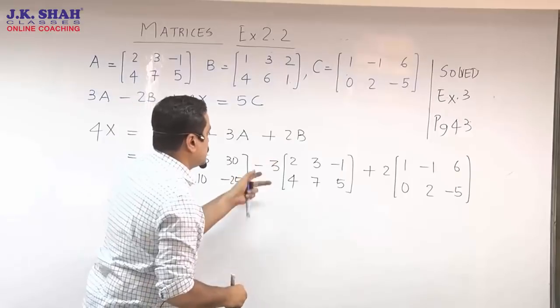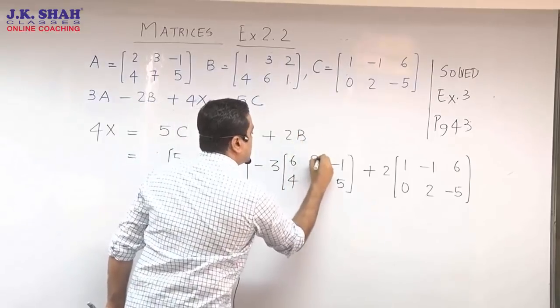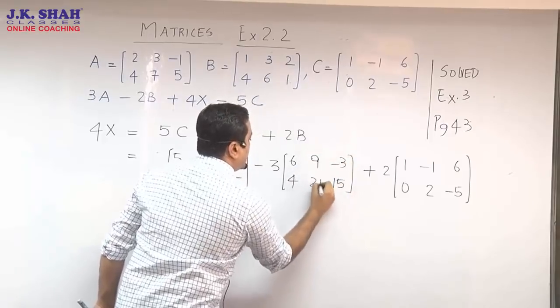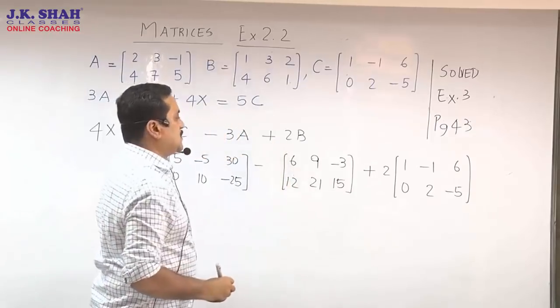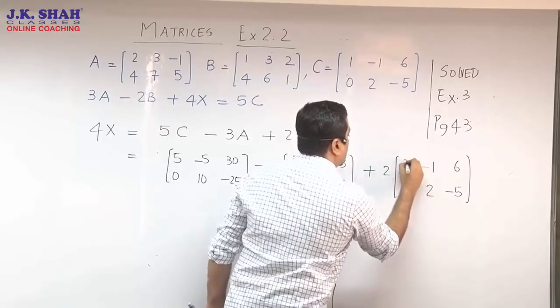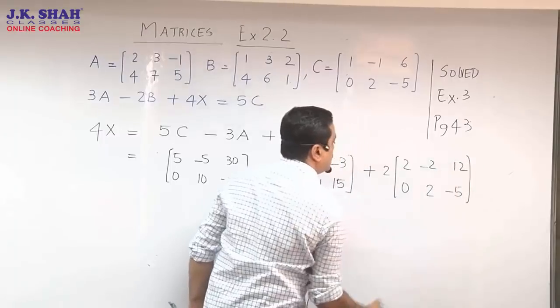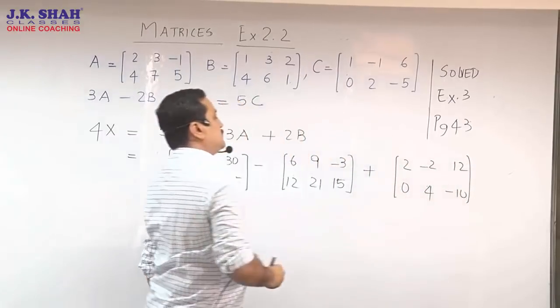Likewise in this, we push our 3 inside. Multiplying by 3, it's 6, 9, minus 3, 15, 21, 12. We multiplied all the elements by 3. Likewise, multiplying all the elements in this matrix by 2. So it's 2, minus 2, 12, 4, minus 10, and the 2 is gone.